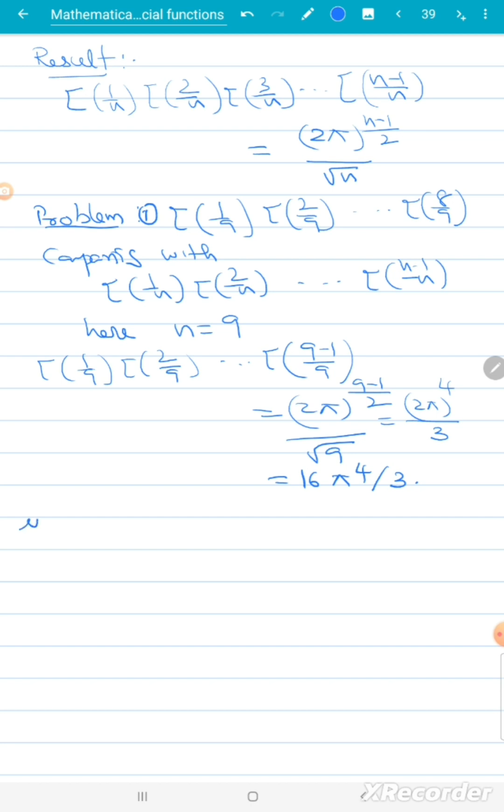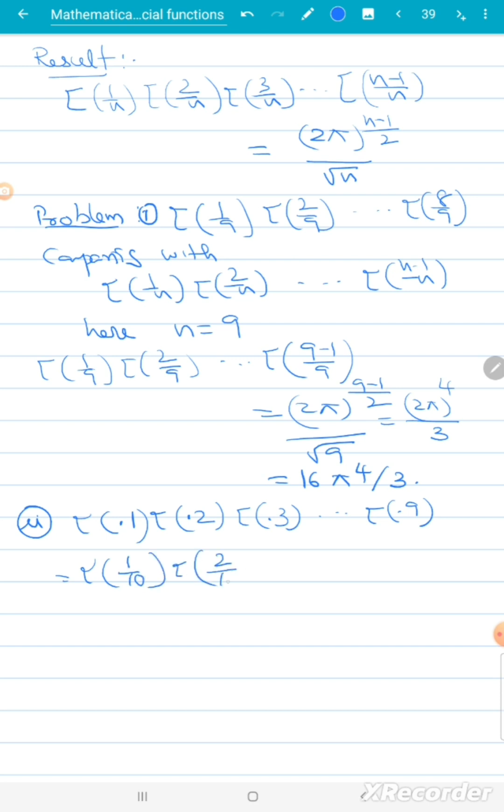Second problem. Gamma of 0.1, gamma of 0.2, gamma of 0.3, and so forth, gamma of 0.9. This can be written as gamma of 1 by 10, gamma of 2 by 10, gamma of 3 by 10, and so on and so forth, gamma of 9 by 10.